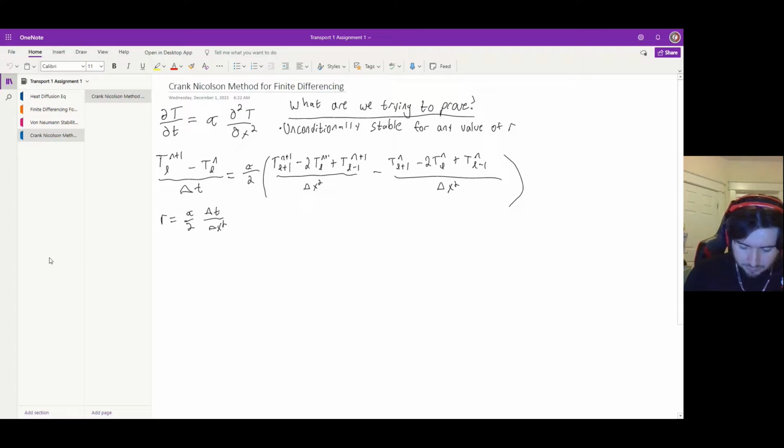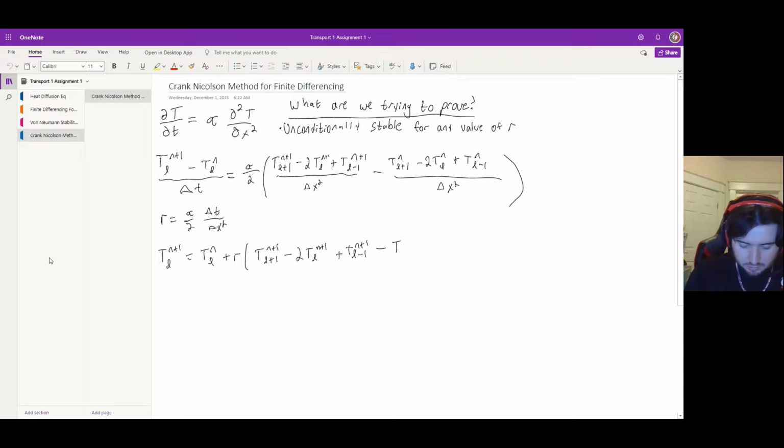So we have our temperature at our current block of interest, one timestamp in the future, equals the temperature of our current block at our current time plus r times the temperature of the block to the right, one timestamp in the future, minus 2 times our current block, one timestamp in the future, plus the temperature of the block to the left at one timestamp in the future, and then we're going to subtract our terms at our current timestamp.